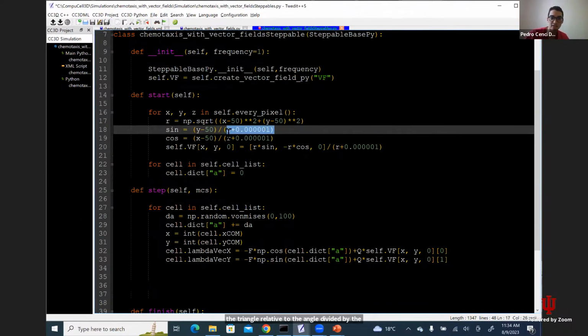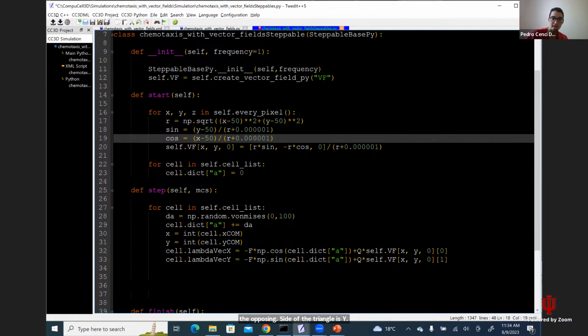The largest side is r, and the opposite side is y. And x is the adjacent side relative to the angle, divided by the largest side. So this would be the cosine. So this is sine and cosine.